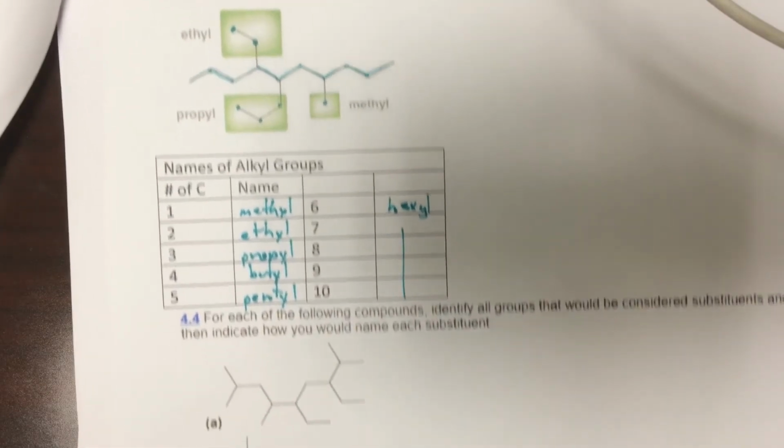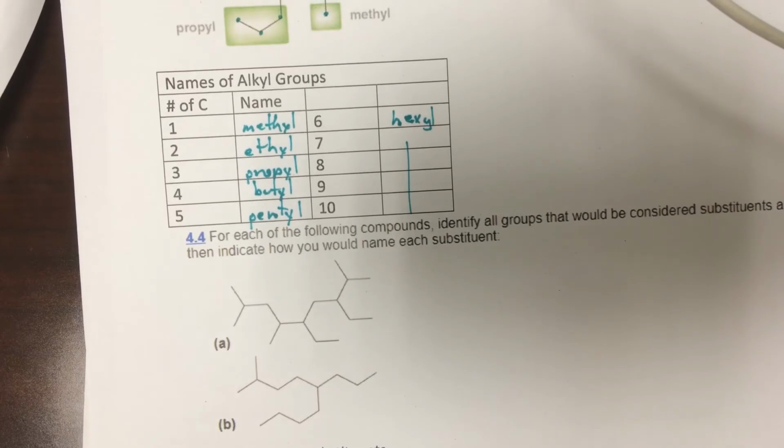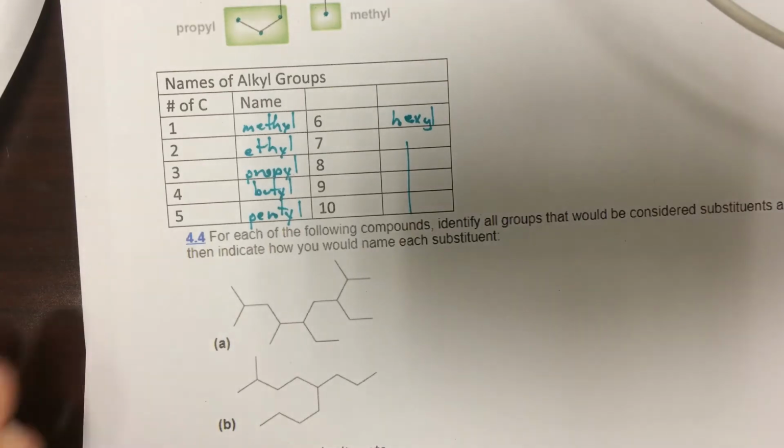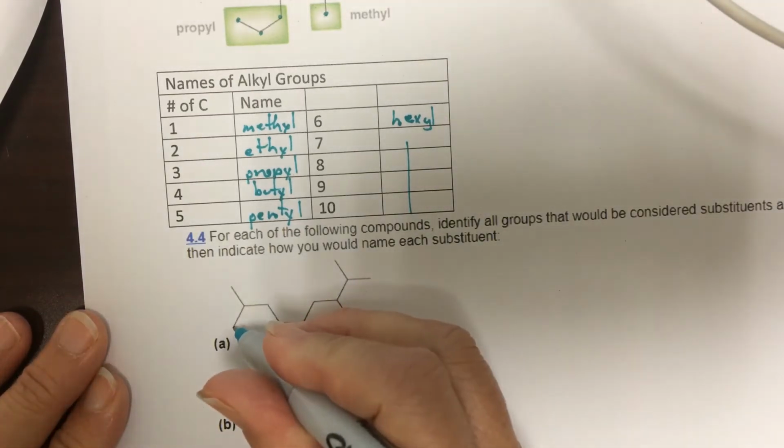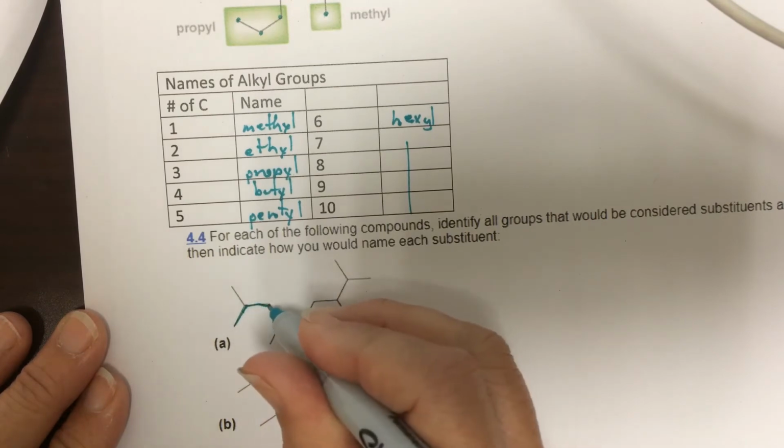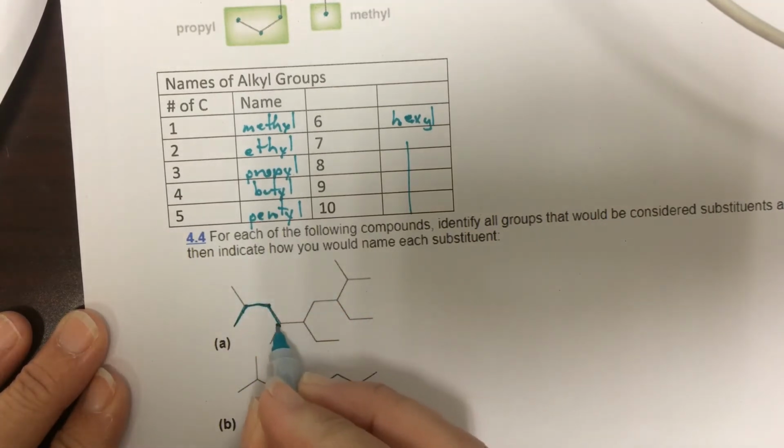Okay, so let's look at this example and see if we can find the parent chain and then figure out what substituents are present and how each substituent should be named. So for the parent chain, we're going to come here, here, here. So the longest is going to be here.